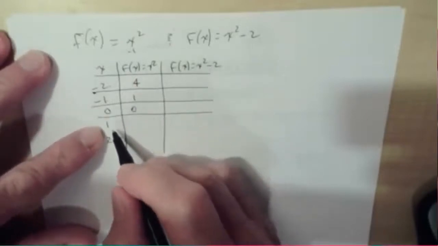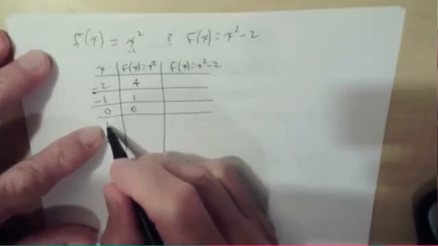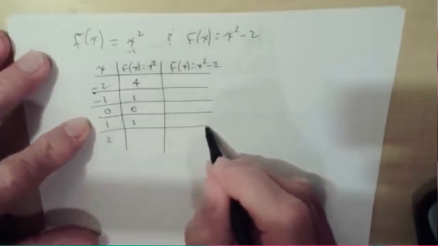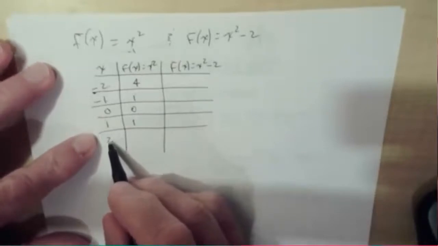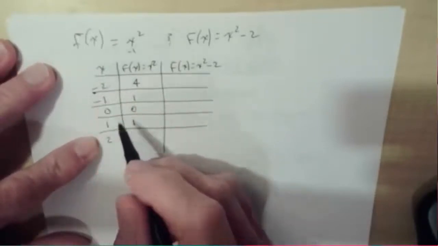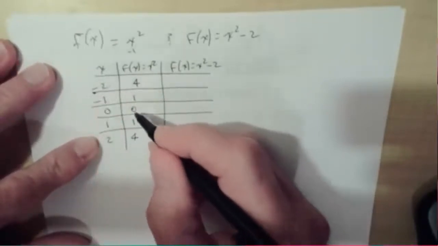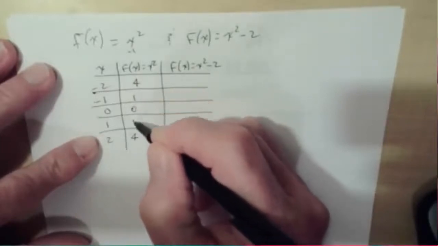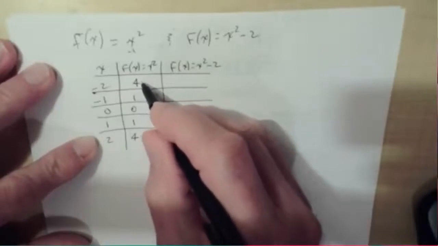And then when x is 1, 1 squared is 1. And here we have x is 2. 2 squared is 4. If you'll notice, the numbers at the bottom are the same as at the top.